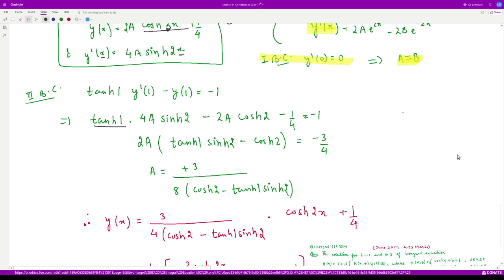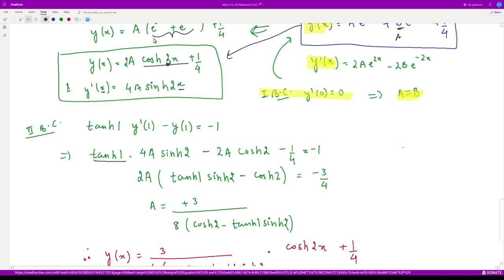Our y is 2a cos hyperbolic 2 into 1, so it will be just 2, minus 1 by 4, because we are talking about minus y of 1, is equal to minus 1. We can simplify this, move this term over here, and take 2a common from here.